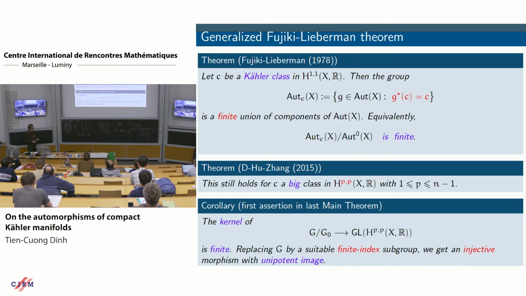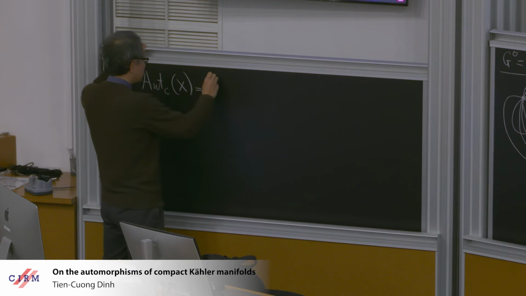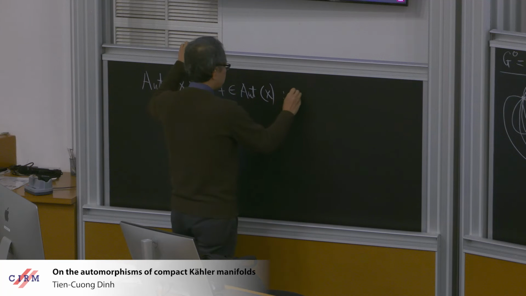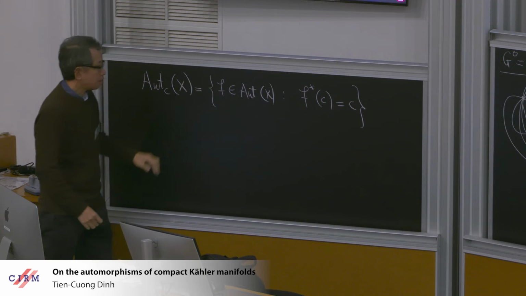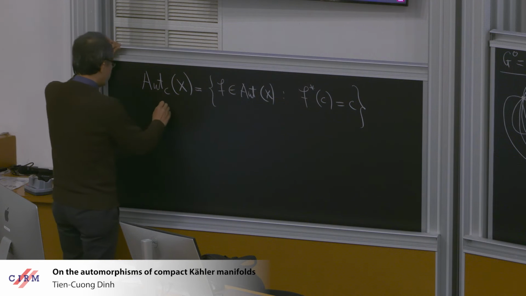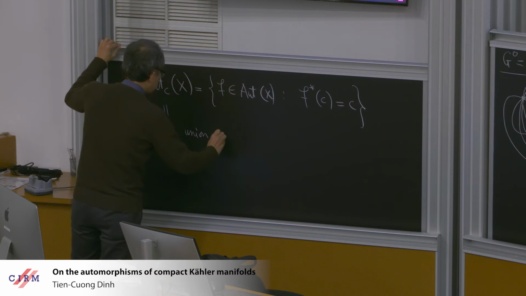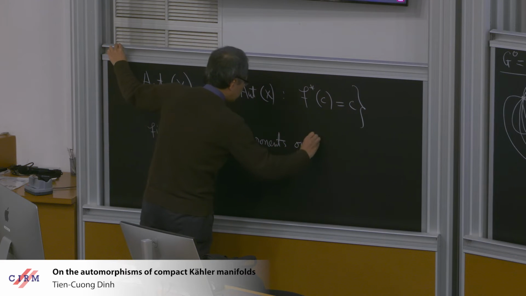The Fujiki-Lieberman theorem tells us that if we consider Aut_C(X) as the set of automorphisms F such that the pullback of some Kähler class C is equal to C, so some Kähler class is invariant by F, then this group is a finite union of components of Aut(X).